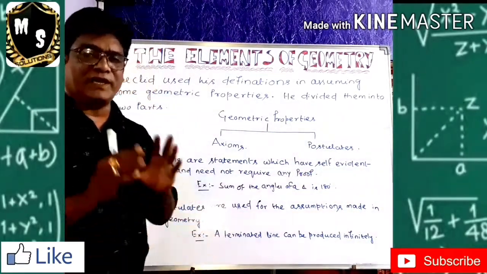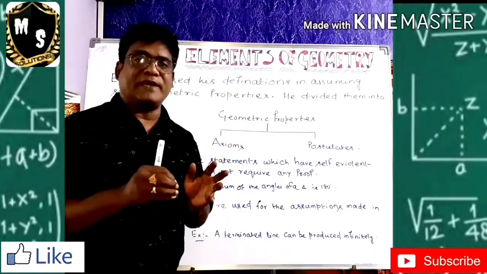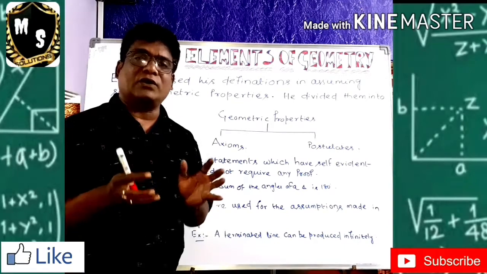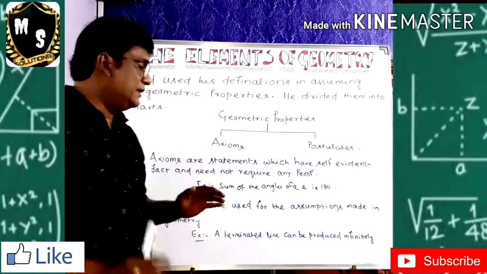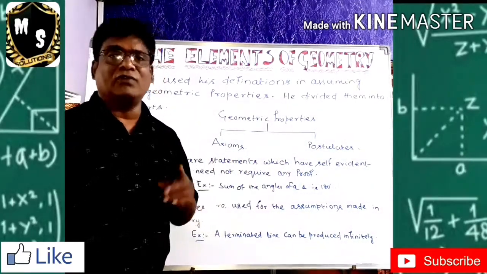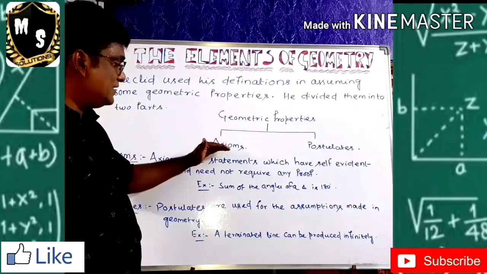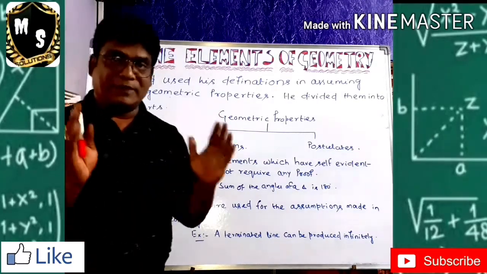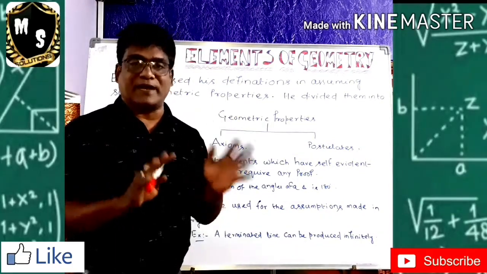They are statements which have some facts behind them. That means it was already proved and it is accepted by all, and it need not require any proof further. So among these properties, the axioms are those statements which already have some evidence behind them.